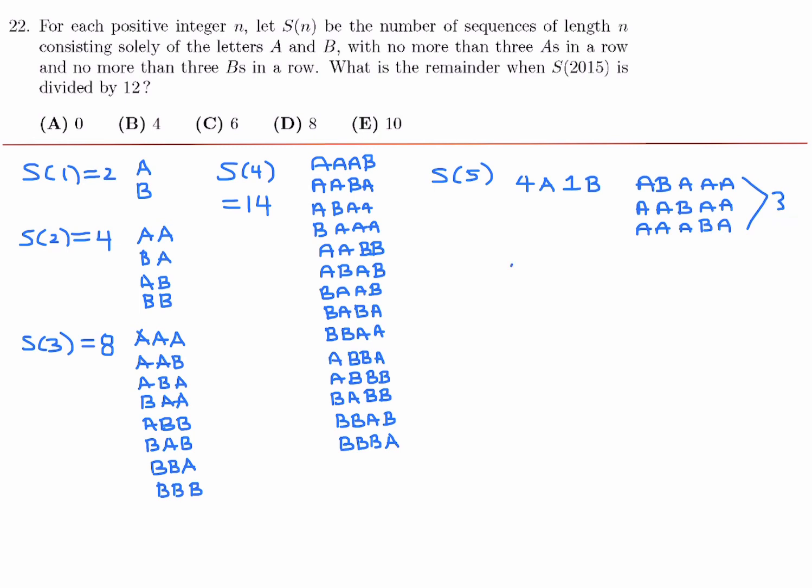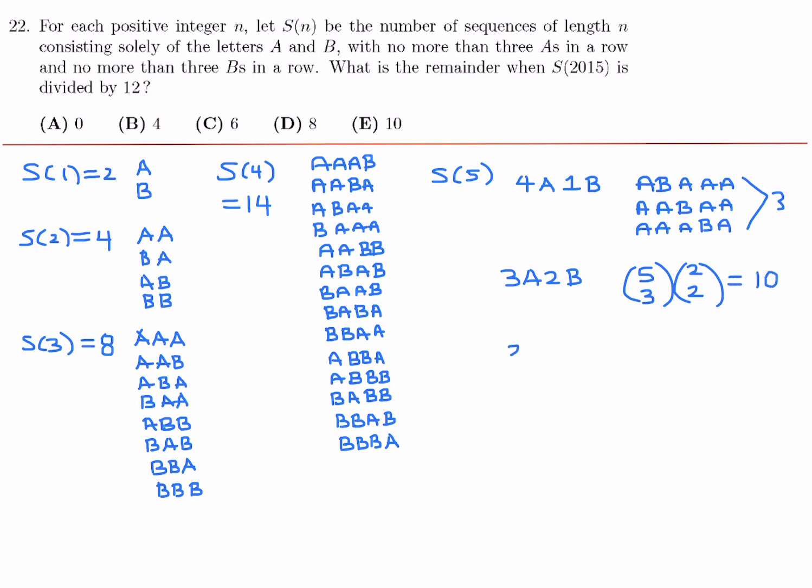Now you have 3 a's and 2 b's. So now instead of listing them, I'll use choose notation. From the 5 spots, I can choose 3 to place the a's, and from the remaining 2 spots, I can choose 2 to place the b's. And this is 10.